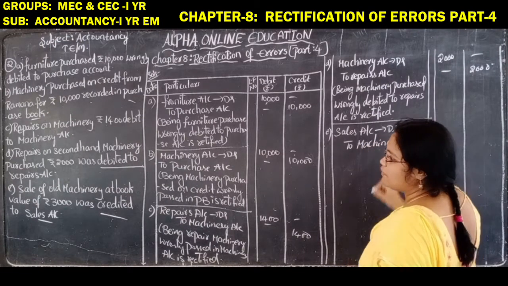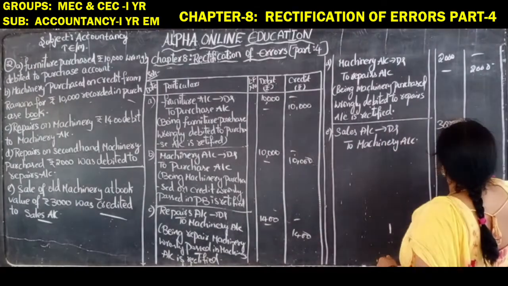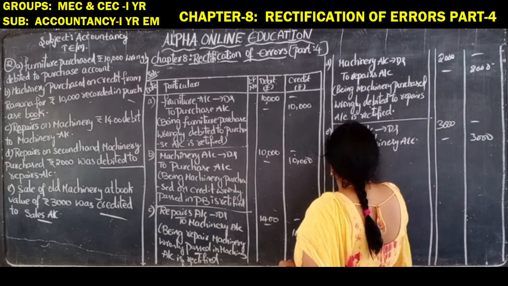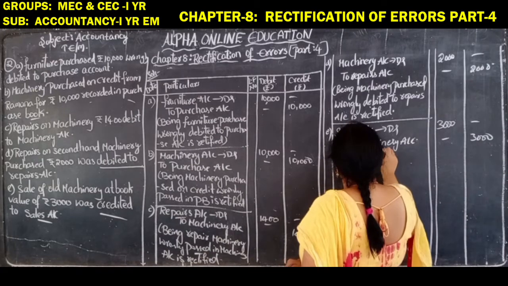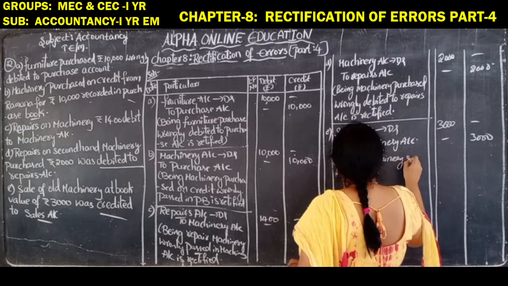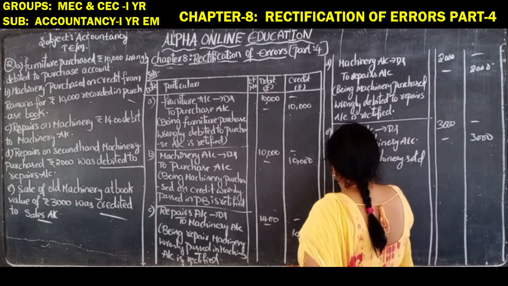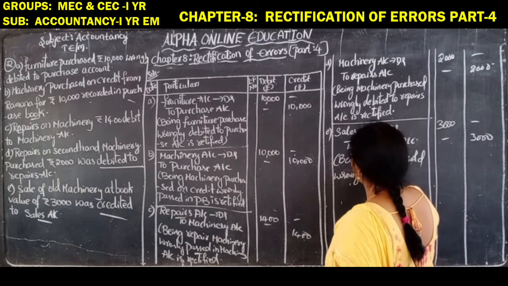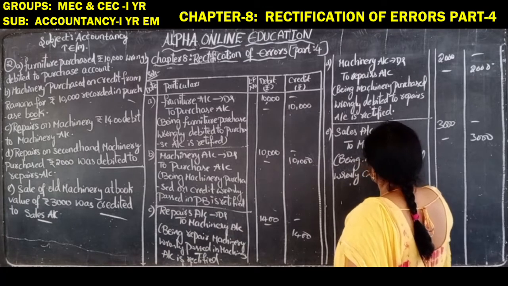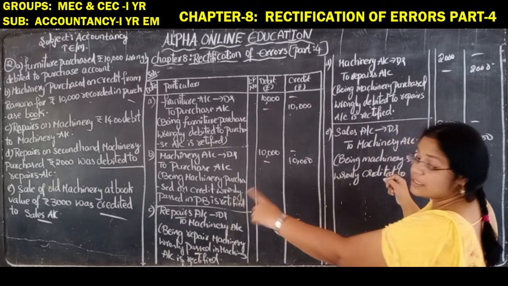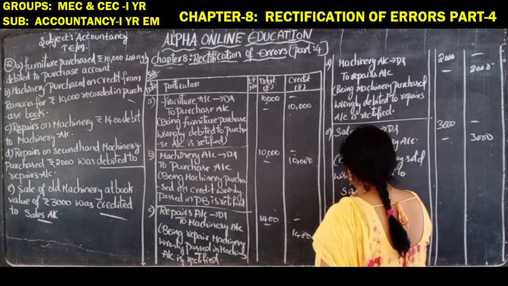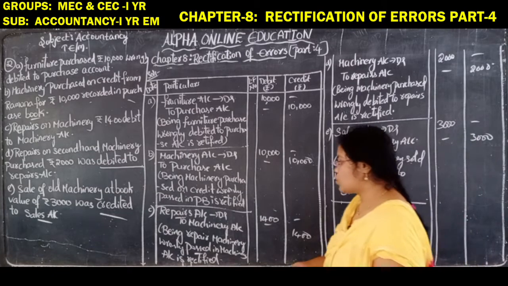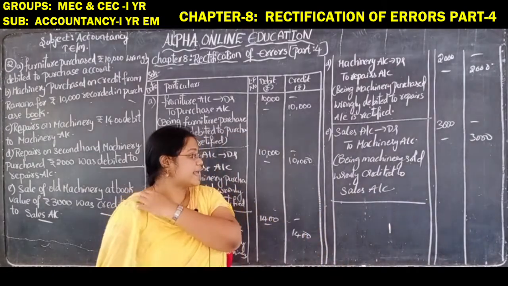So sales account debit to machinery account. What is the amount here? 3000 rupees and 3000 rupees. Now write the narration: being machinery sold wrongly credited to sales account is rectified.